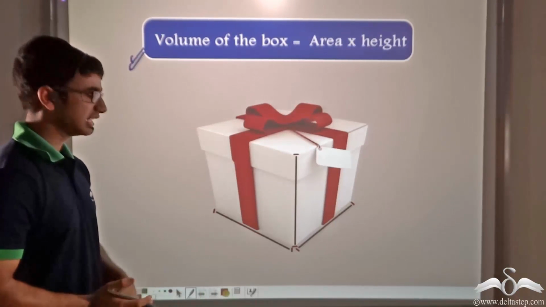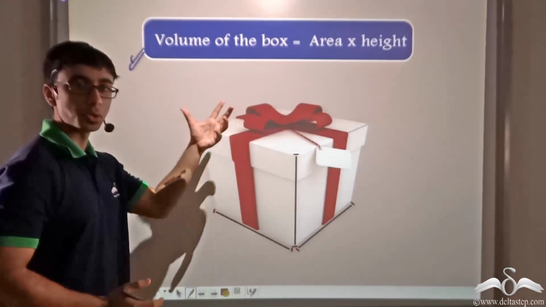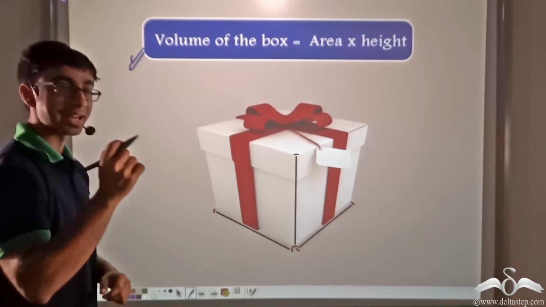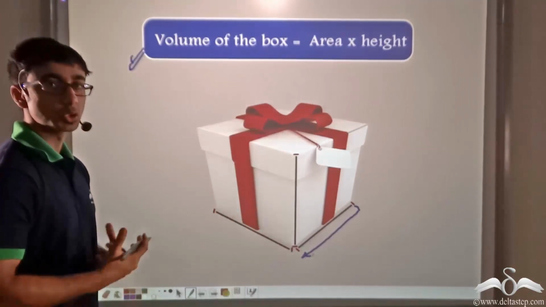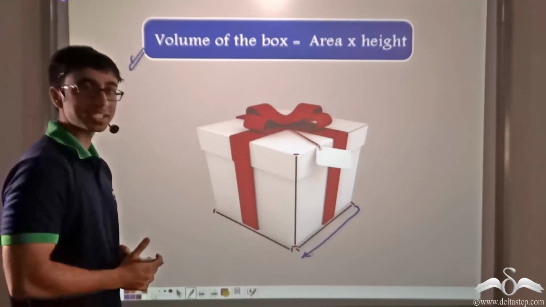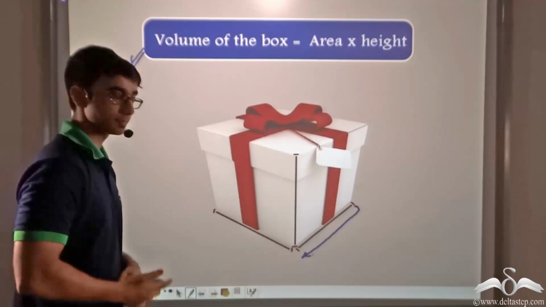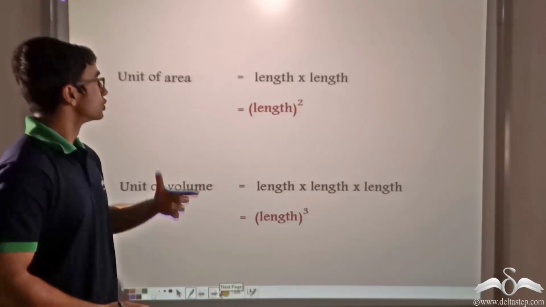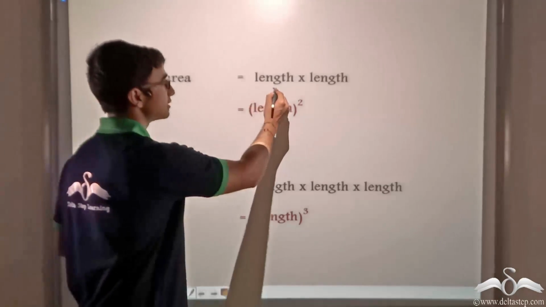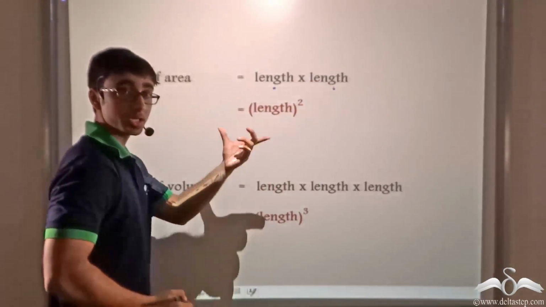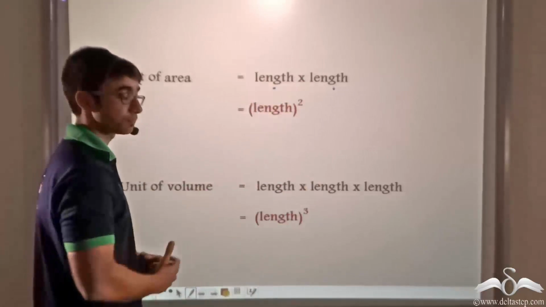So as you can see, the area as well as the volume depends on the length of the particular box as well as its breadth, which in similar terms can be called a length. So we found that the unit of area is nothing but length multiplied by length, or in other words, length square.